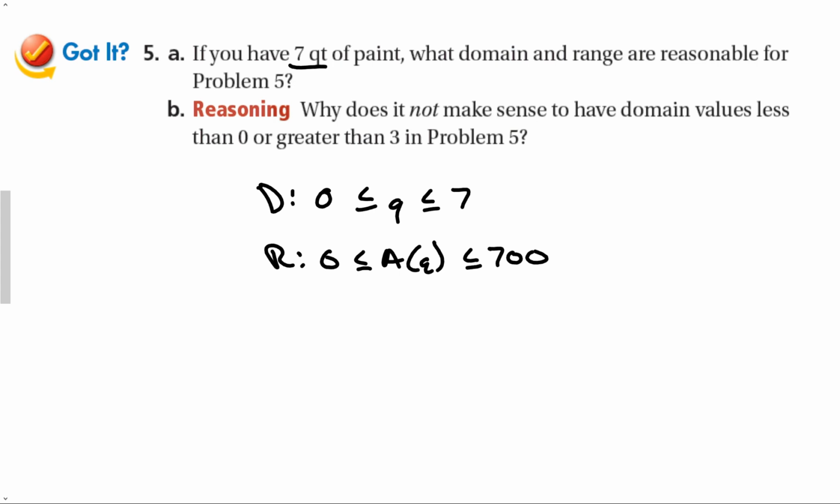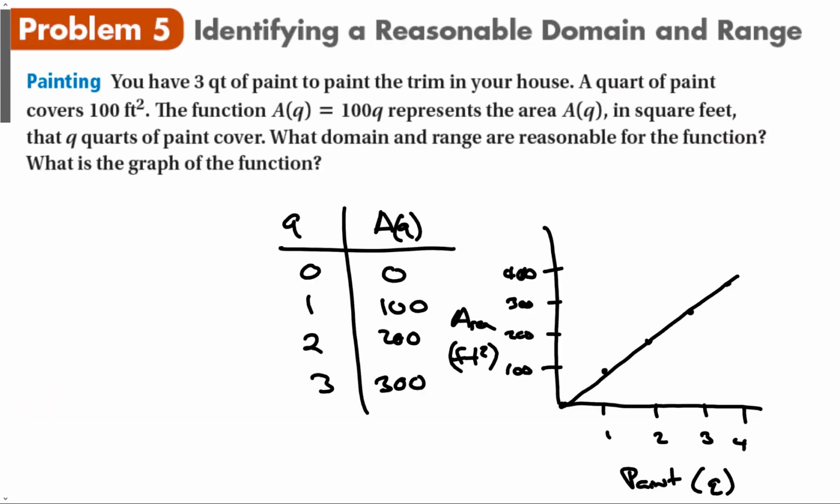Why does it not make sense to have domain values less than 0 or greater than 3 in problem 5, the one we just did? Because, or 7 in this case for this one, because you can't, like I said, you can't go buy negative paint. And did I make a mistake here? You have 3 quarts of paint.